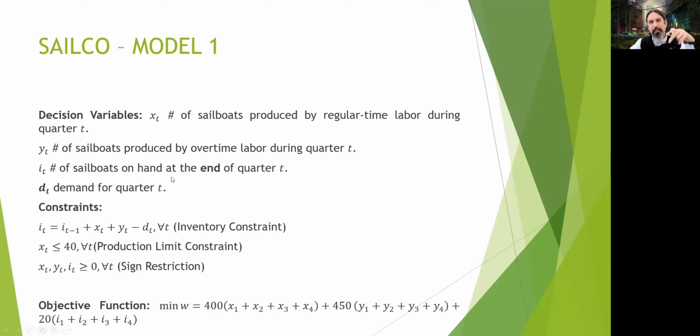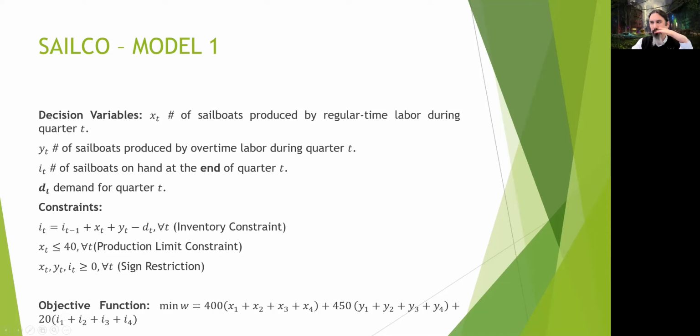Now, I said that there's a second way to model this one. Now, the second way comes from picking decision variables in a different way, actually. Do you have any idea how we could have picked the decision variables? What kind of a change could we make with the decision variables? Any idea at all?